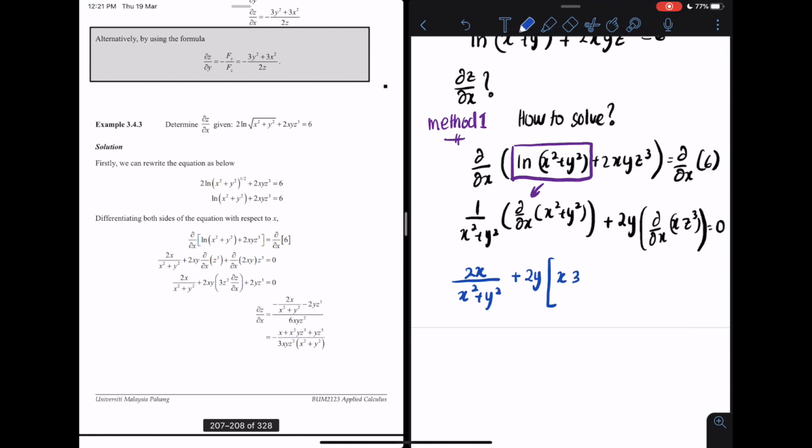x times 3z squared del z del x plus z cubed equal to 0. And then I have to realize the question asks me to determine del z del x. So variable that's not related to del z del x I will bring to the right hand side.